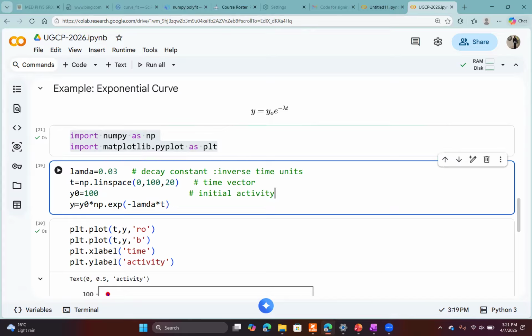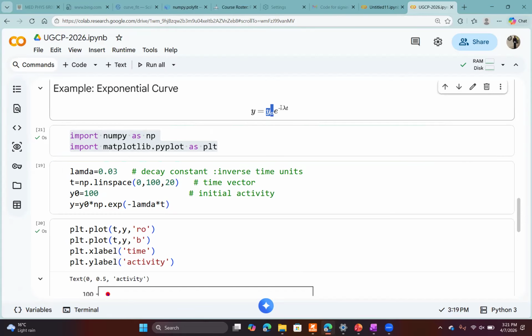I have defined the initial activity y naught. And here is the expression for the calculation of y vector, which means the activity values with different times. So it is just the calculation of this function y naught e raised to the power minus lambda t.